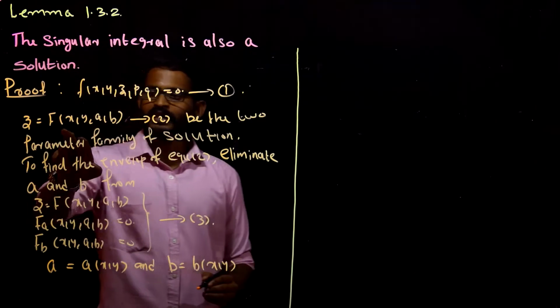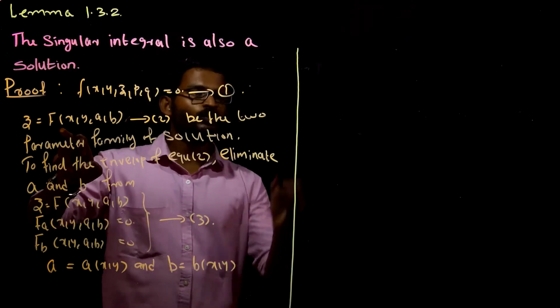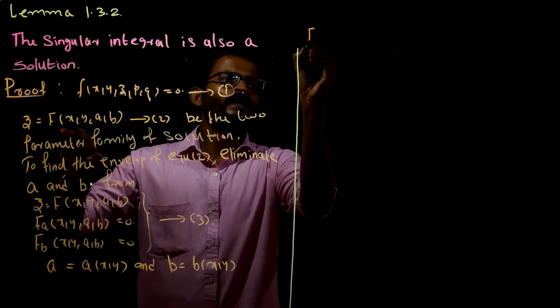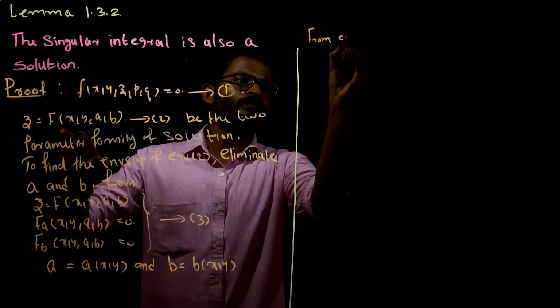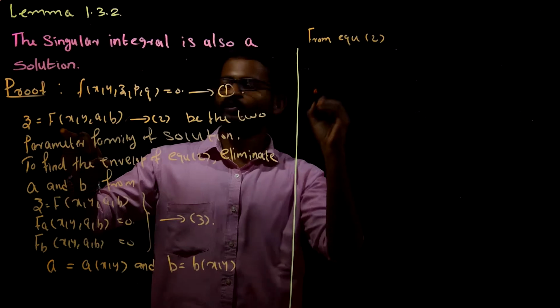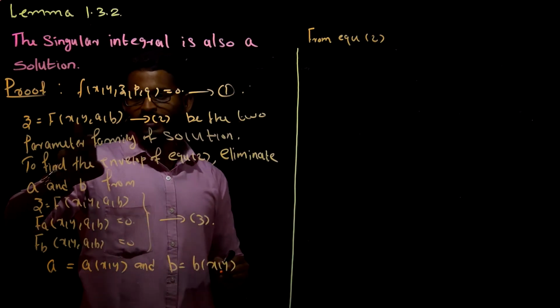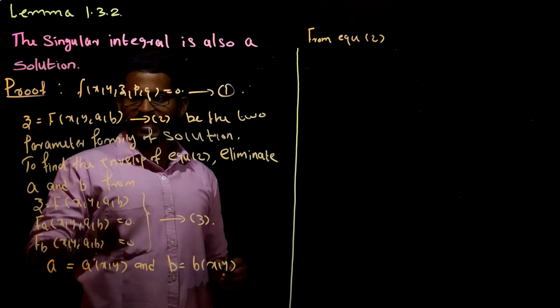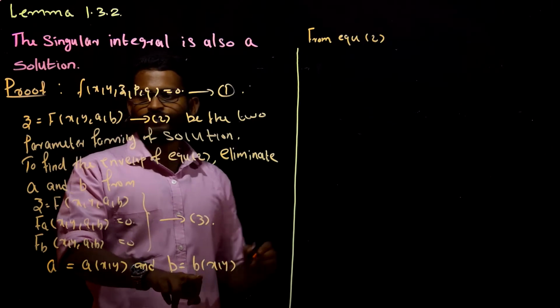And from equation number 2, we substitute a equal to a of xy and b equal to b of xy.